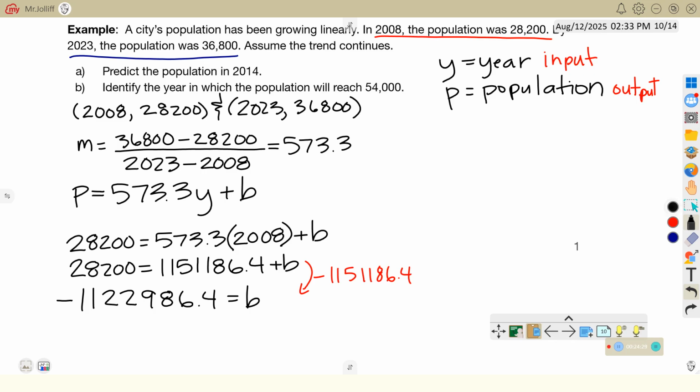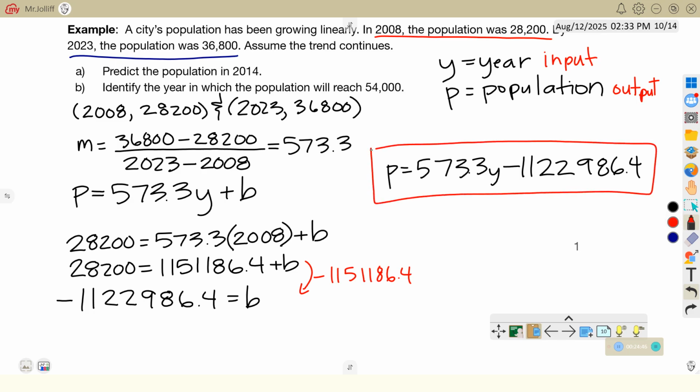So our equation is just P equals 573.3y minus 1,122,986.4. Happy face.